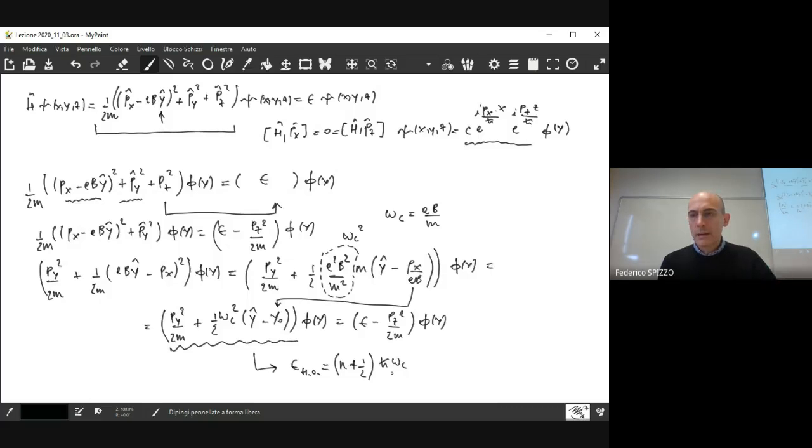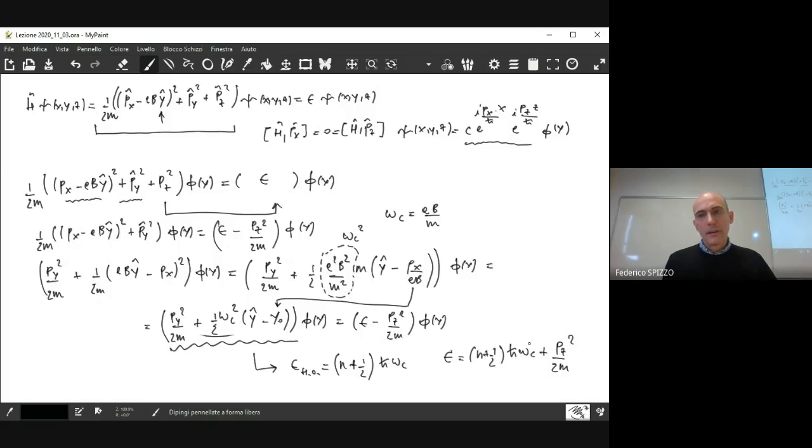So these are the energy levels corresponding to the contribution of this part of the Hamiltonian. At this point, if we sum up everything, this E minus pz squared divided by 2m is equal to this term. So the full energy is n plus 1/2 times h bar omega c plus pz squared divided by 2m.